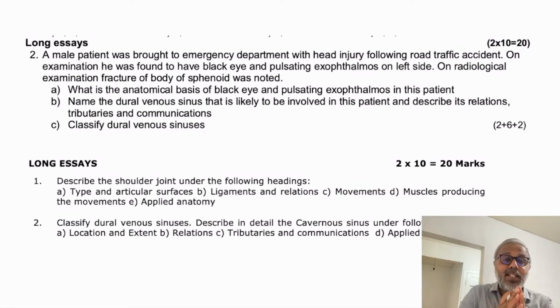Because of trauma or rupture. So the blood from the carotid artery enters the cavernous sinus. From the cavernous sinus, through the ophthalmic veins, it goes into the eyeball and pushes it out. So every time the heart beats, or systole occurs, the eyeball pops out because of this communication between the veins of the eye and the cavernous sinus.